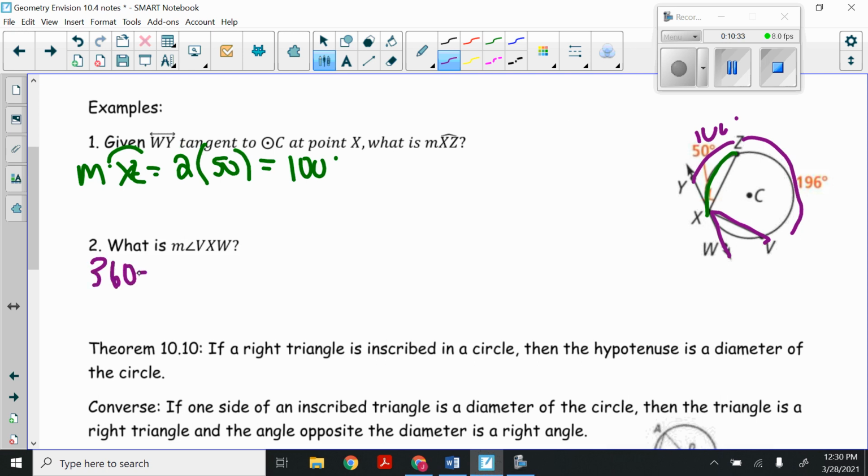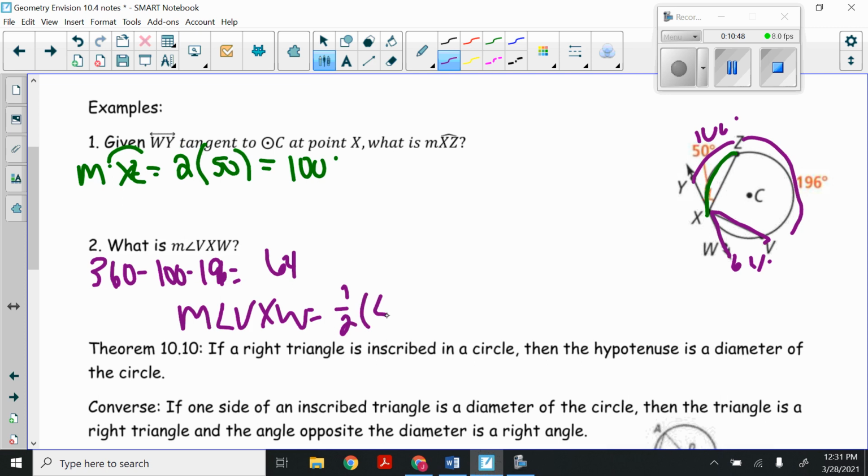So 360 minus 100 minus 196 gets me 64. So this arc is 64 degrees. So the measure of angle VXW is 1/2 of that inscribed arc. So half of 64 is 32 degrees.